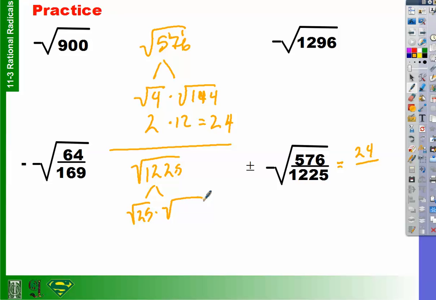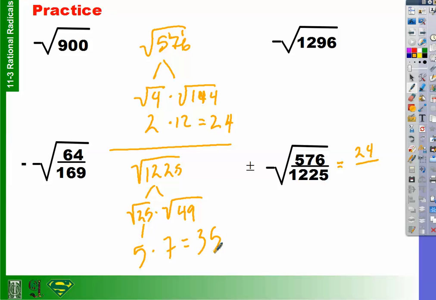Sure about that? I think so. 49. Yeah. Because 49 times 25 is 1,225. But what is the square root of 25? 5. What is the square root of 49? 7. So 5 times 7 is? 35.